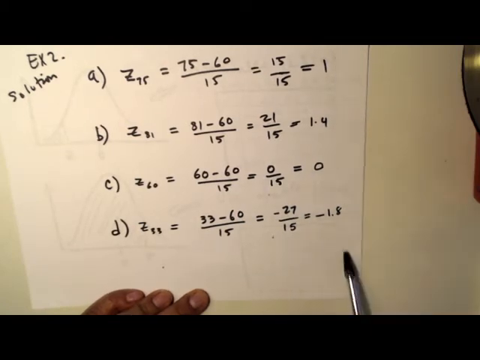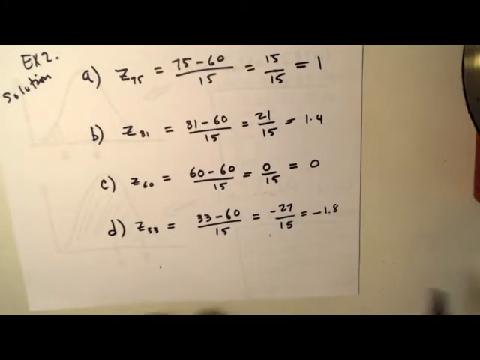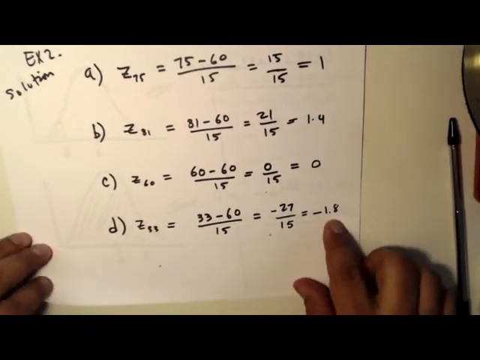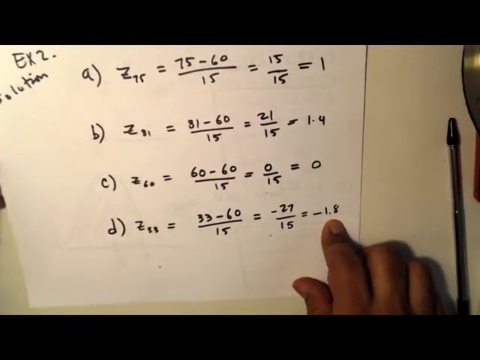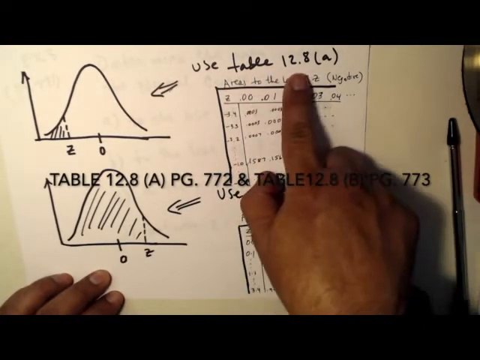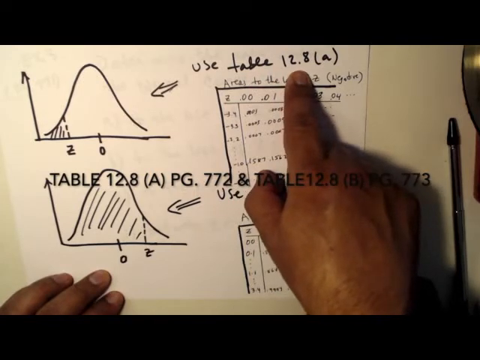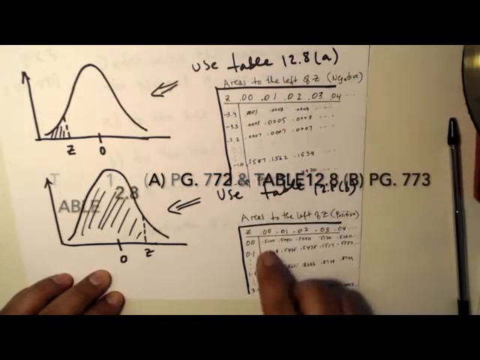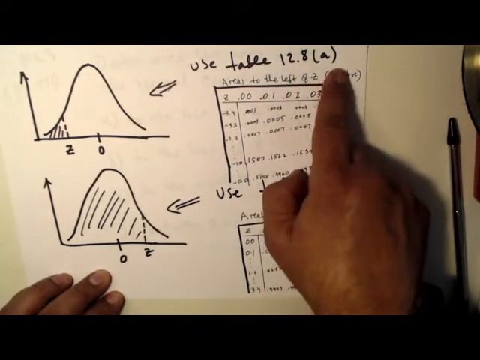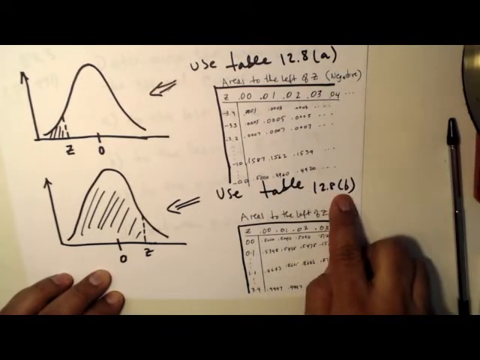So these numbers are really important because this is just to calculate the Z-score. Later on, we're going to deal with how to work with these numbers. And for that, we're going to use a table. There are 2 pages on tables, tables 12.8a and 12.8b.